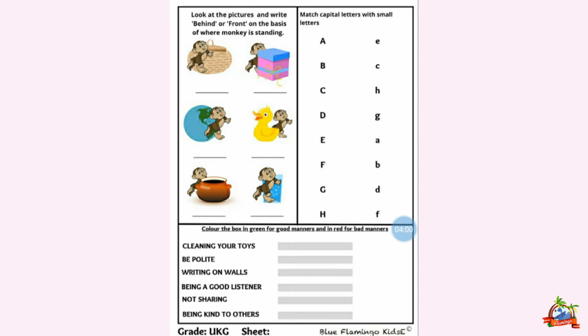Duck के पीछे है. So what we will write? We will write behind. Understood? Good. Like this, we will do all the rest of the questions, and you will learn the spelling of behind and front. आप spelling भी learn कर लेंगे behind और front की.